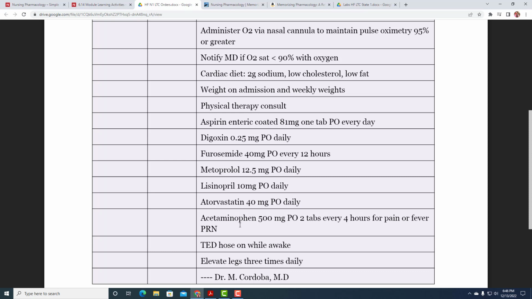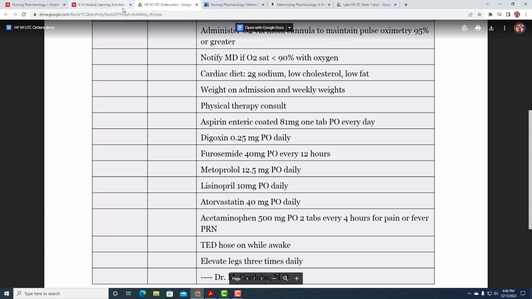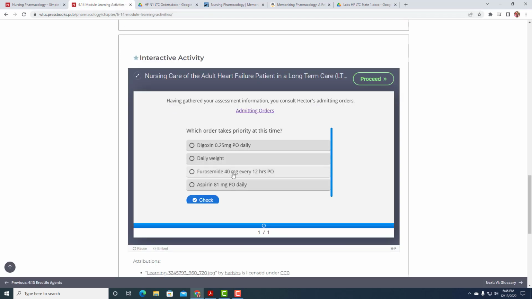But I see digoxin and furosemide, and immediately I'm thinking hypokalemia before I even go through to the next piece. So let's go back to the learning activity and say furosemide, 40 milligrams every 12 hours. But let's figure out how would I know that? How would I know what these medications are for?